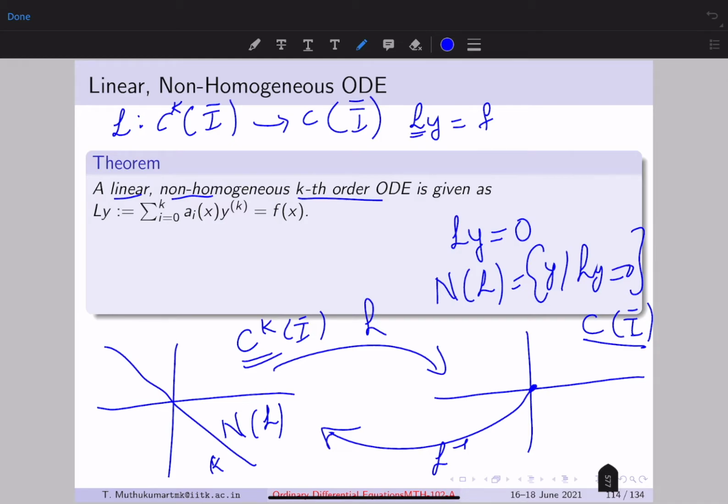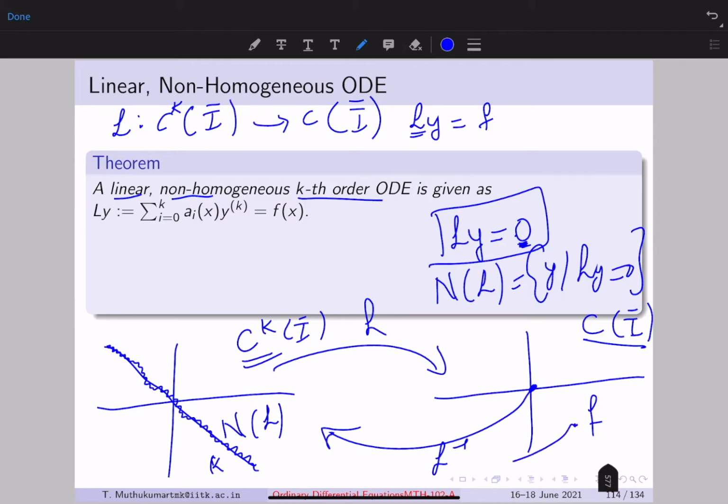Anyway, you have a solution space for this ODE, which is the null space, the inverse image of the point 0. Now we are going to ask this question: we take some f here.